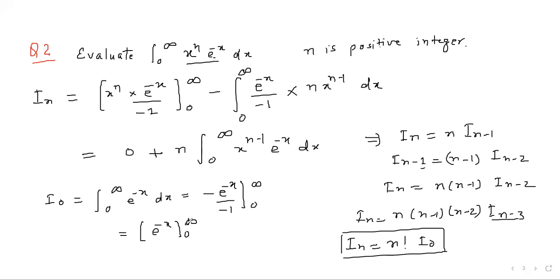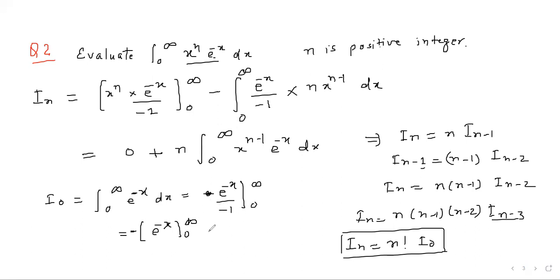So when we put x equal to infinity, we will get... I think there is one mistake. So when we write its integration, why this minus sign? There's only one minus sign here outside. Okay, sorry.